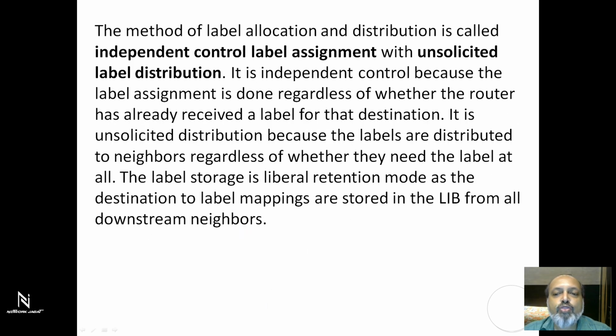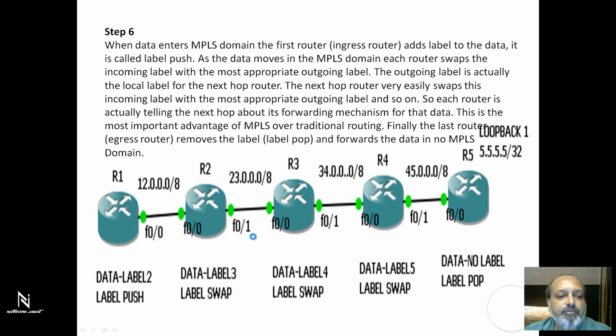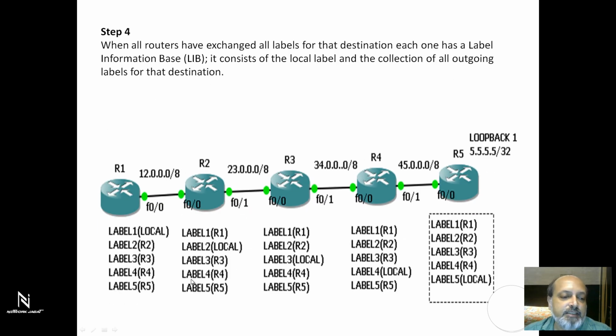And finally, the label storage is liberal retention mode, as the destination to label mappings are stored in the LIB from all downstream neighbors. We have already discussed this. This style, where I retain the labels received from every MPLS router of the domain, is called liberal retention.